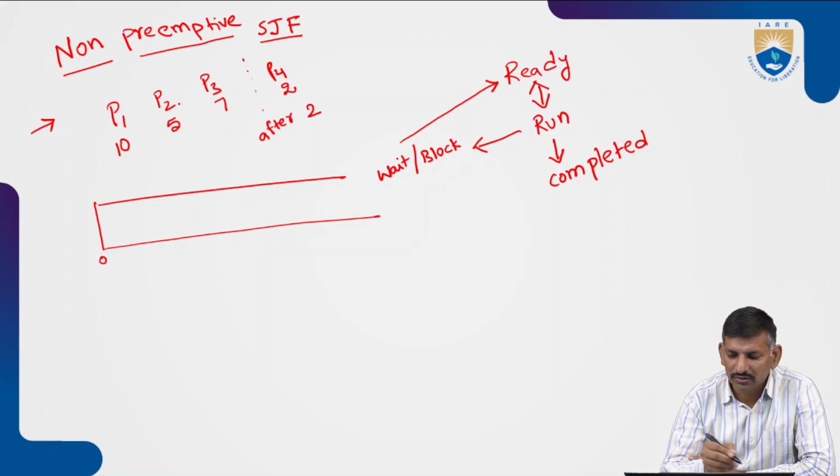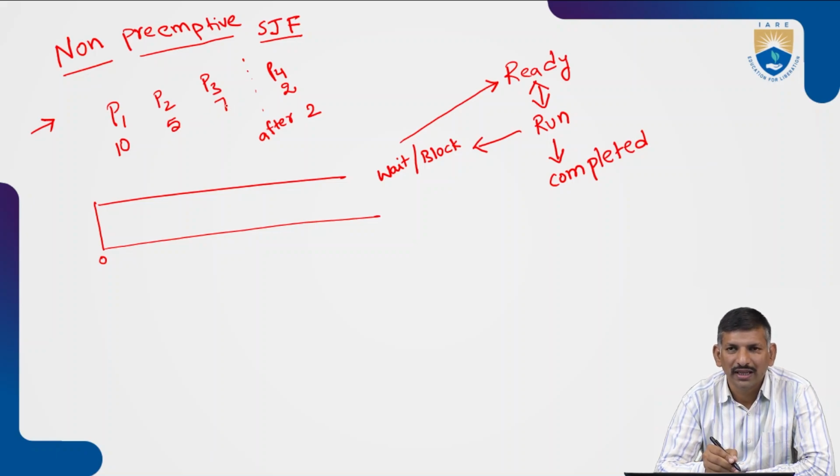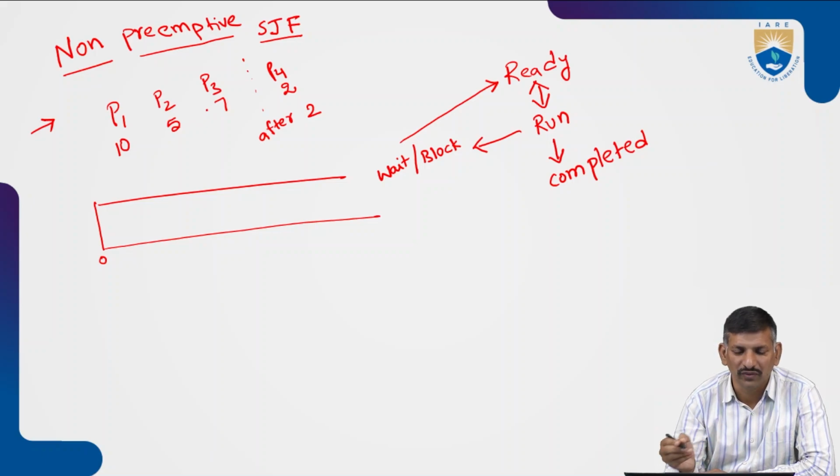At the time of 0, three processes enter into the ready state, P1, P2, P3, with estimated execution times of 10, 5, and 7 milliseconds. Among these three processes, which has less execution time? That is scheduled for execution first.